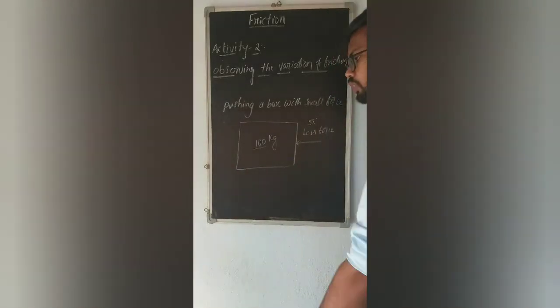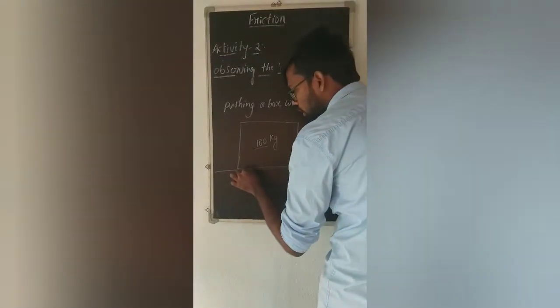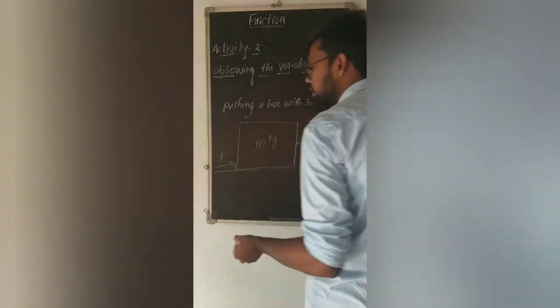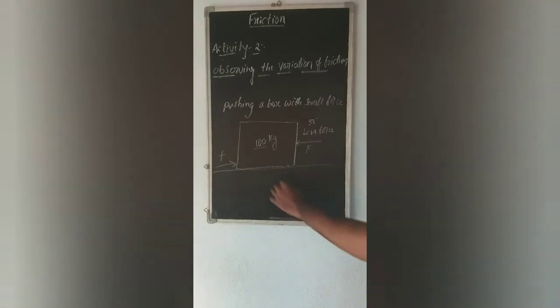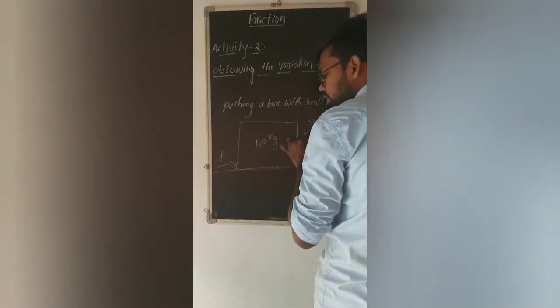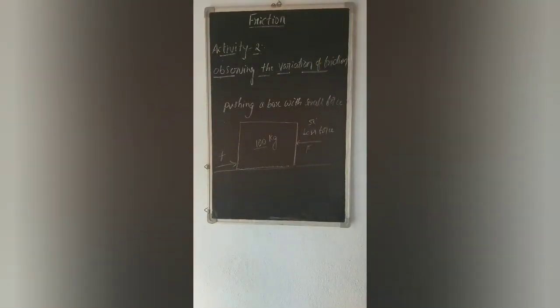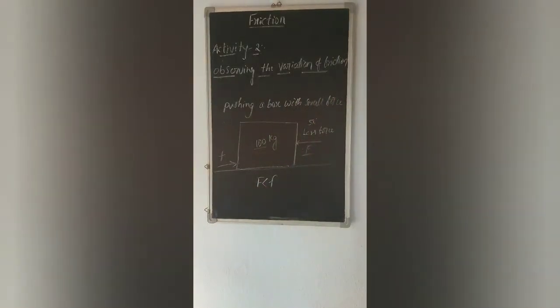If we apply only 5 newtons of force on a 100 kg box, will the box move? No. Why? Because the frictional force in contact with the body is greater than the force acting on the box, so the force is not enough to move the box from one position to another. That is, the applied force F is less than the frictional force f.